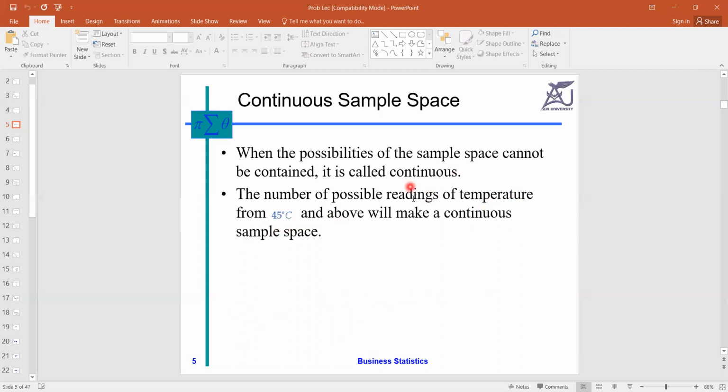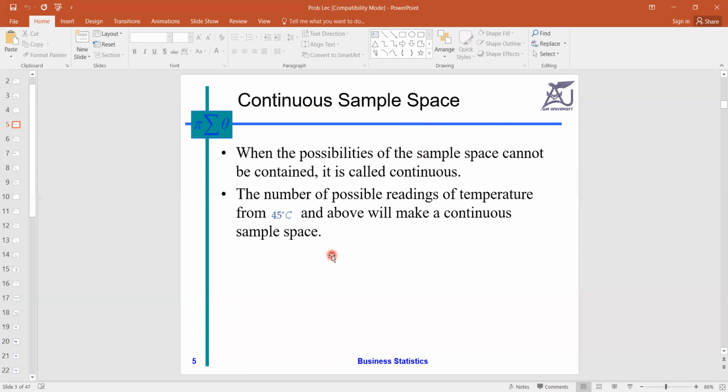We all know that we cannot write the temperature reading at each and every point easily. If it is 45 degrees and above, there are millions and trillions of numbers between 45 and 46 centigrade, and it is not possible for us to write each and every element easily. So this is the continuous sample space.